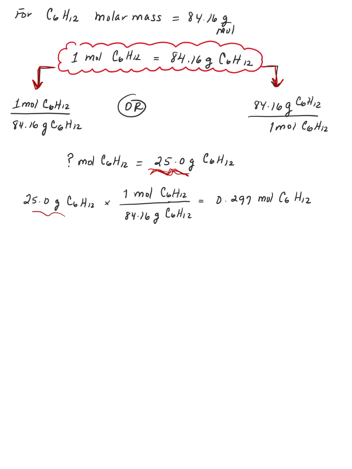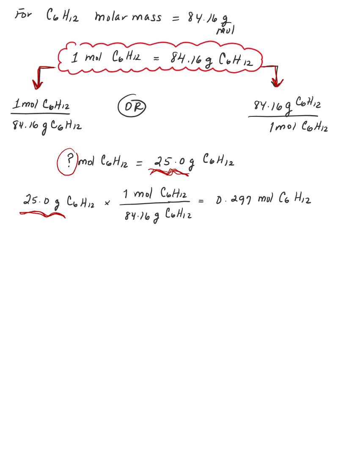So that's my given amount that I'm writing right here. To convert that amount to the number of moles that you need to calculate, you're using your conversion factor. Out of your two options, 1 mole over 84.16 or 84.16 over 1 mole, you have to choose the one that has the unit that you're trying to get on the top part.